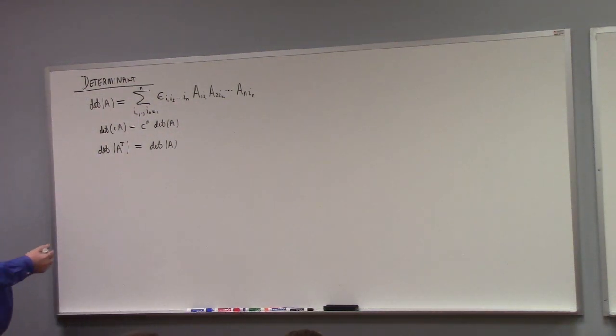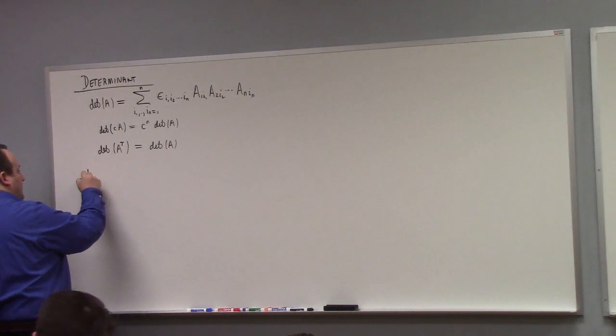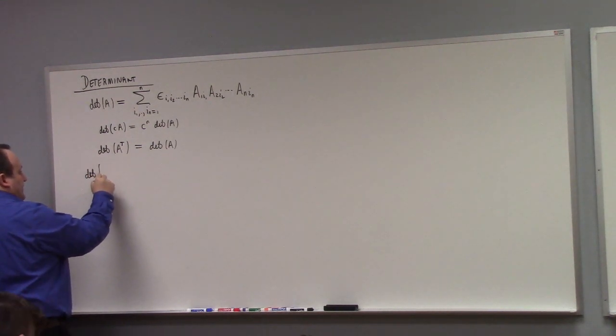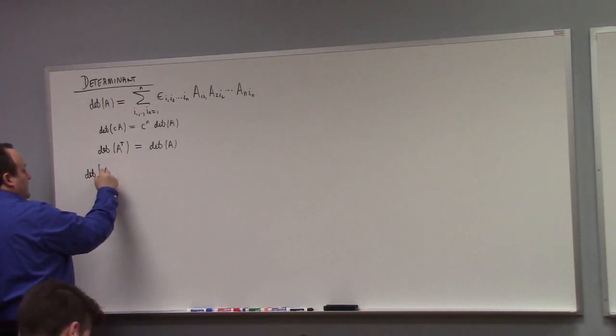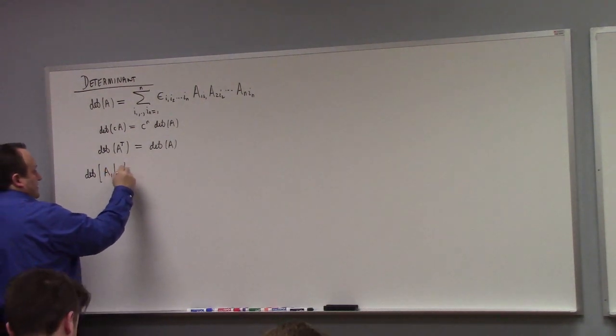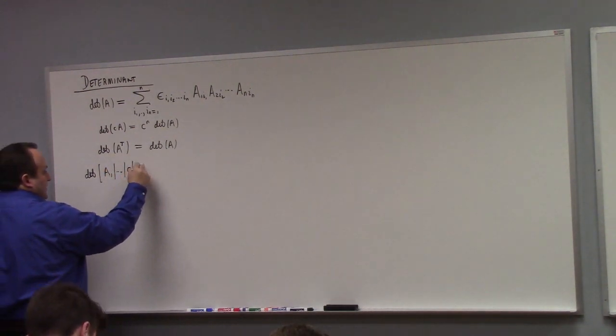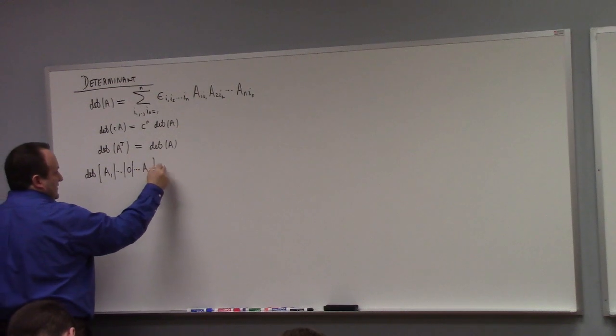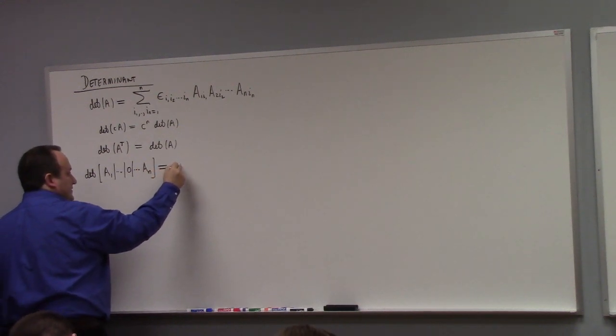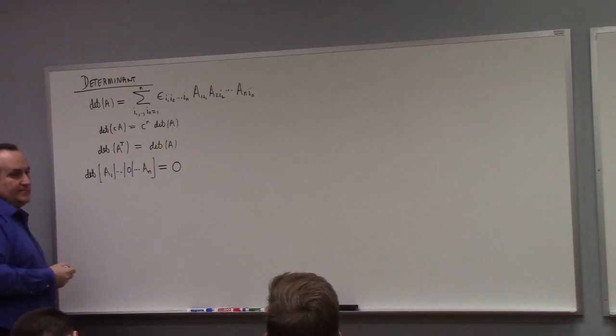One of the things I said, but maybe I should write on the board, is if you have a matrix with columns a1 through an, and there's any column which is 0, the determinant is 0, right?